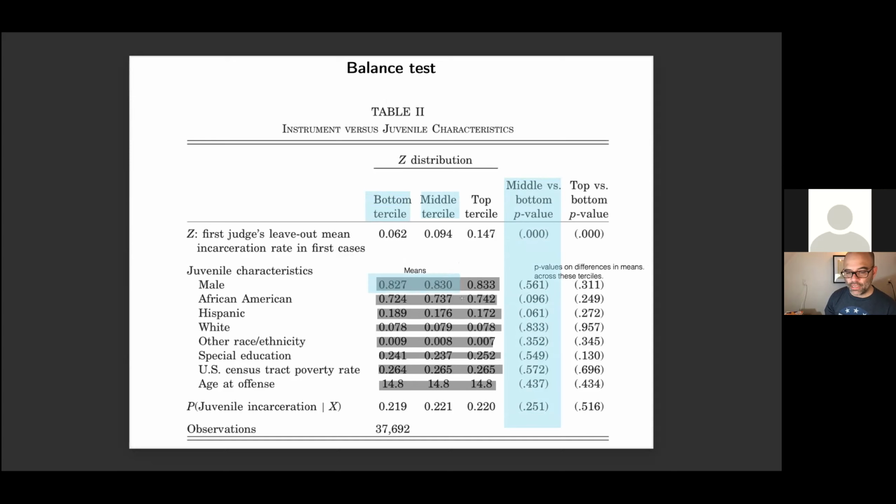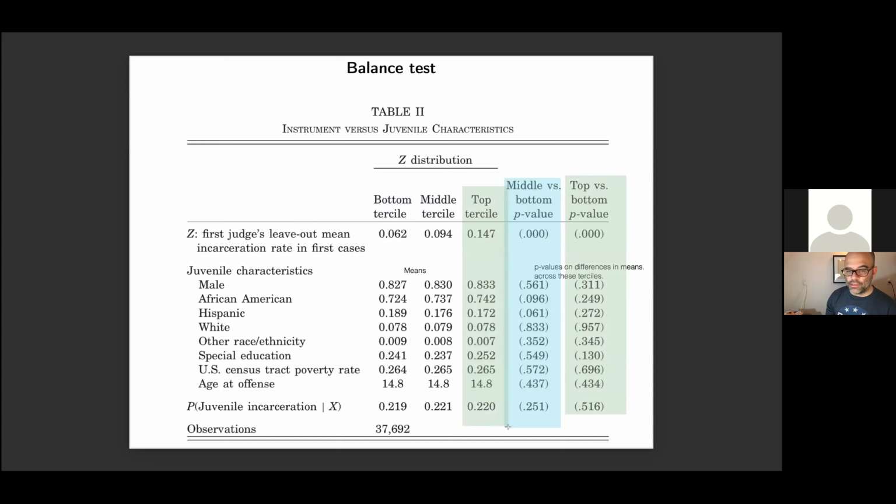So we're going to be testing for whether those are statistically different from one another. And then the top versus the bottom, that's going to be this one and this one, right? So let's see what we get.